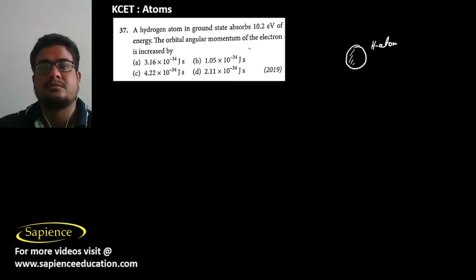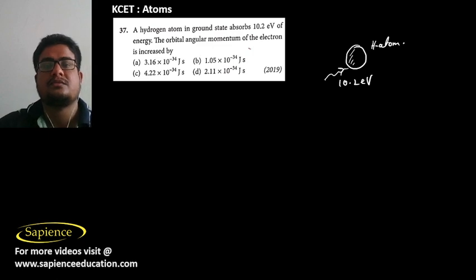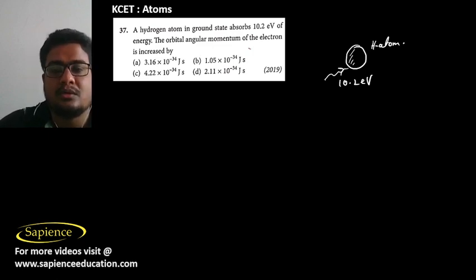In the ground state, it will absorb 10.2 electron volt of energy. The orbital angular momentum of the electron is increased by.